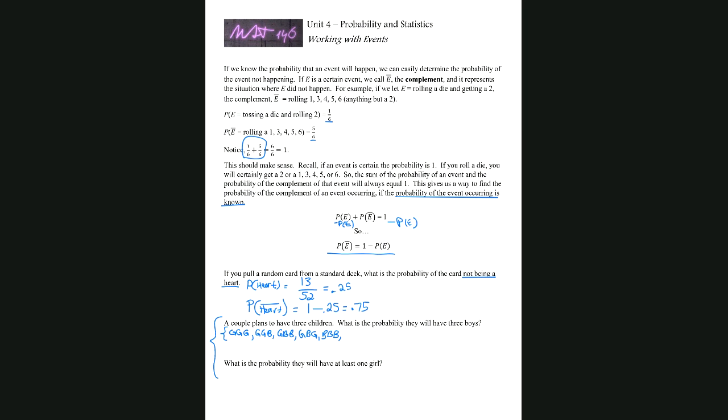They could have a boy and then two girls. Or they could have two boys and a girl. Or they could have a boy, a girl, and a boy. Now, I think those are the only combinations they could have, right?